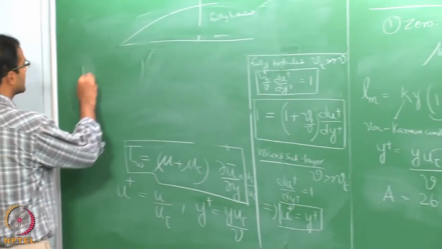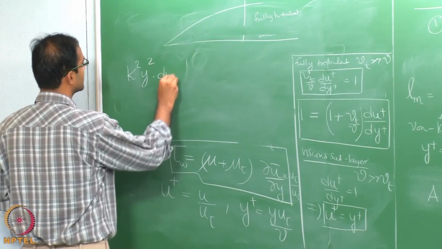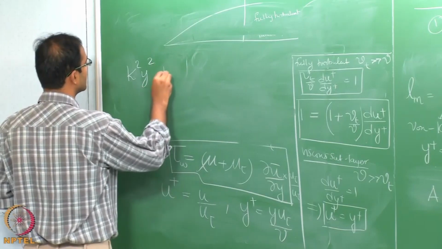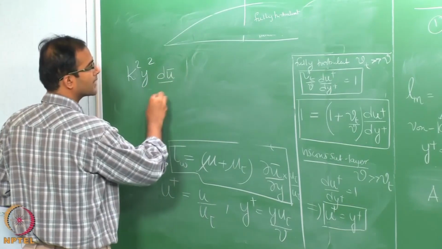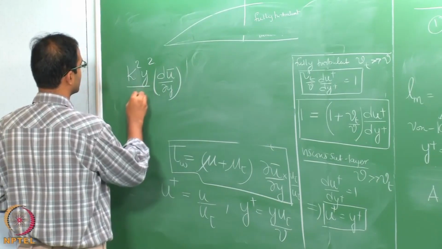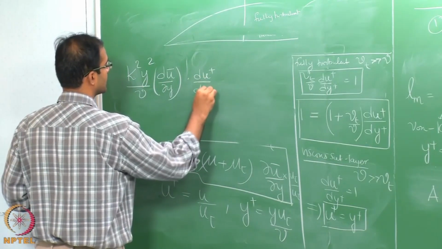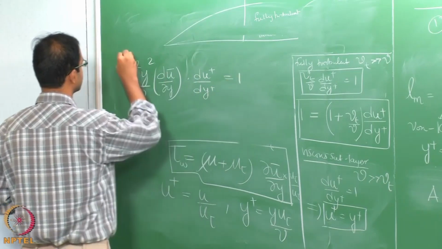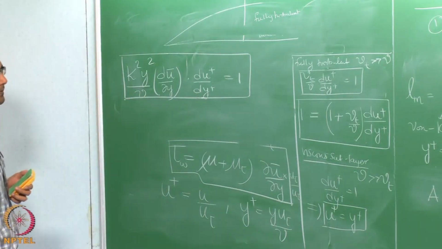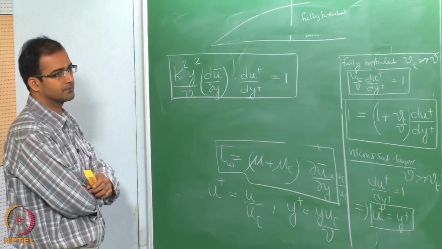So, that can be written as k square y square into du bar by dy by nu into du plus by dy plus is equal to 1. So, can you now simplify this further?